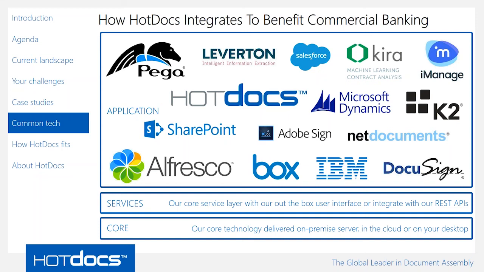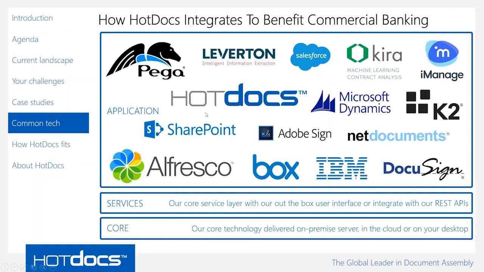We're being integrated with big data tools and AI tools for data analysis, things like Kira or Leverton that can scan documents, pull them out and produce other documents from them, and other things like Adobe Sign and Alfresco as well. But we are the document assembly engine that can fit into lots of different systems and at the touch of a button, produce documents based on the data you have and the templates that we provide.